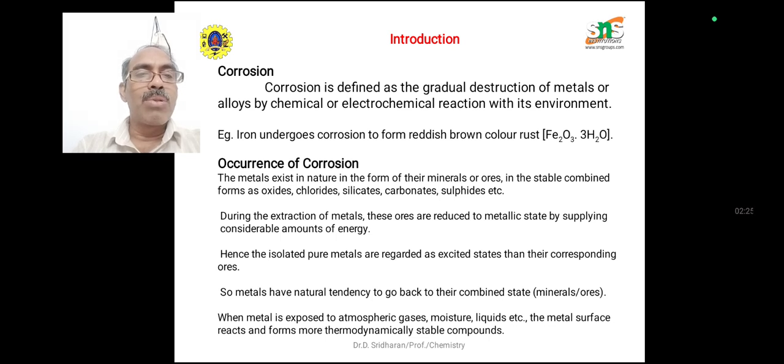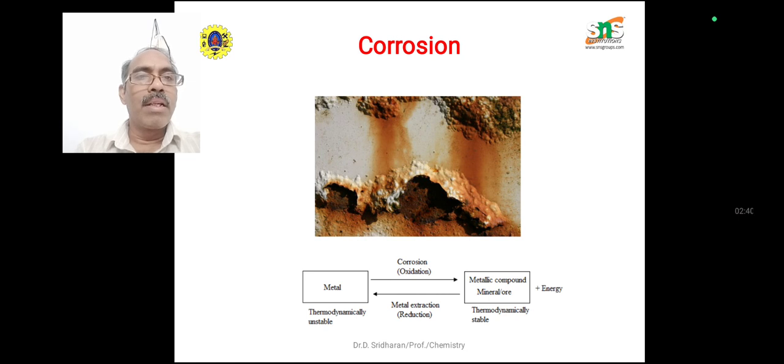When metal is exposed to atmospheric gases, moisture, or liquids, the metal surface reacts and forms more thermodynamically stable compounds. Here we simply represent the corrosion process: metal gives metal compound, or metal ore; generally, metal gives ores plus energy.